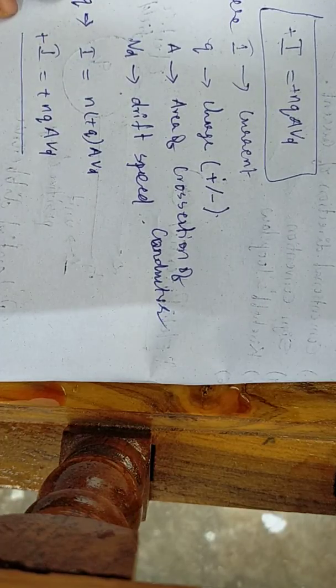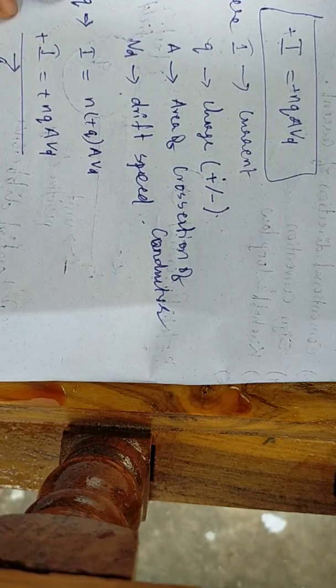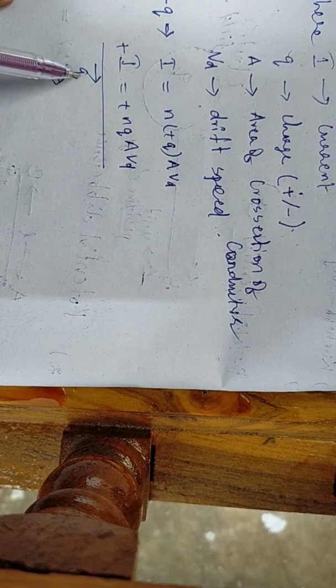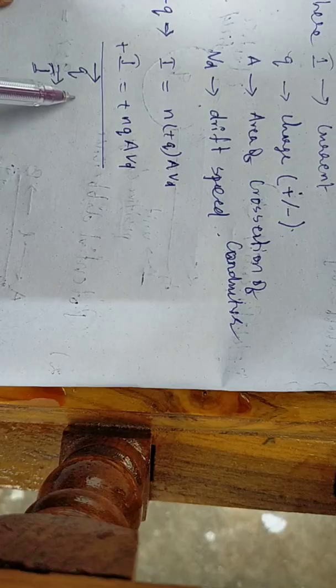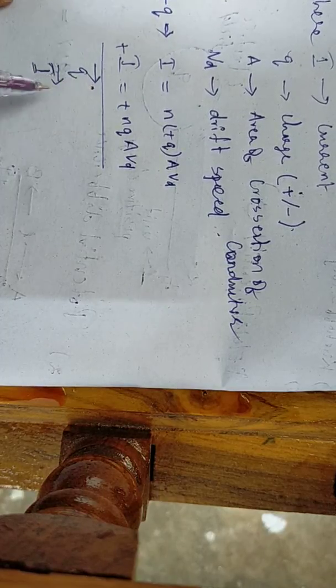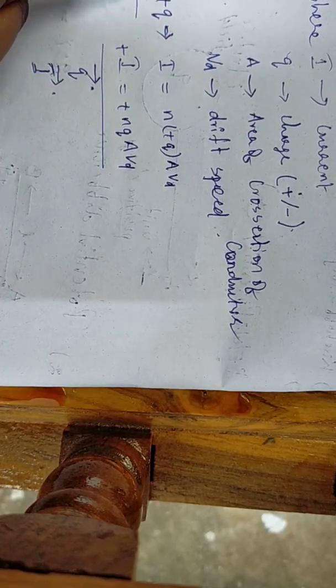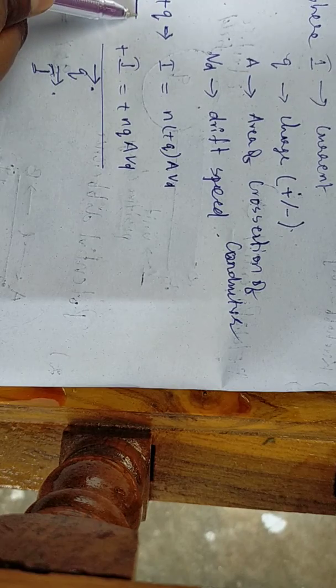Means the charges Q and the current I both are in same direction. Means in what direction charges are moving, current is also flowing in that direction, when the charges are positive.